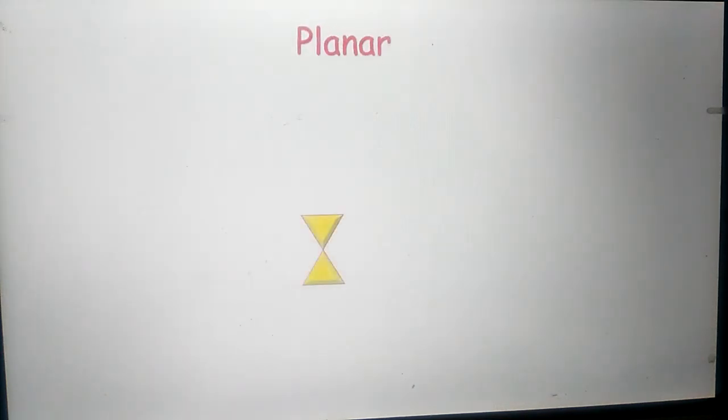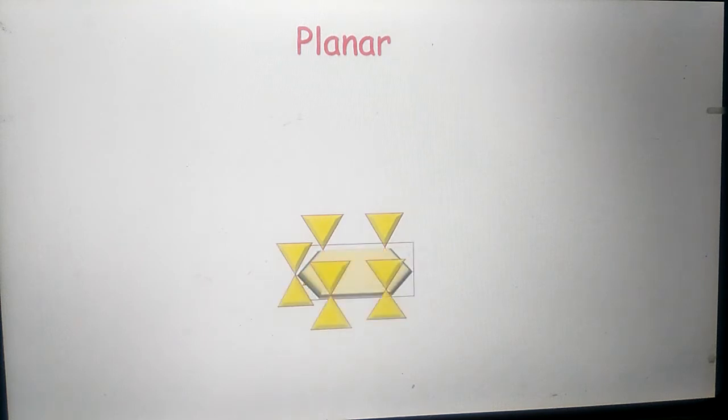First, what is planar? This is benzene ring in which all the p orbital present sidewise are present in aligned form in a specific plane. That's why it overlaps sidewisely and results in the formation of 3 pi bond.